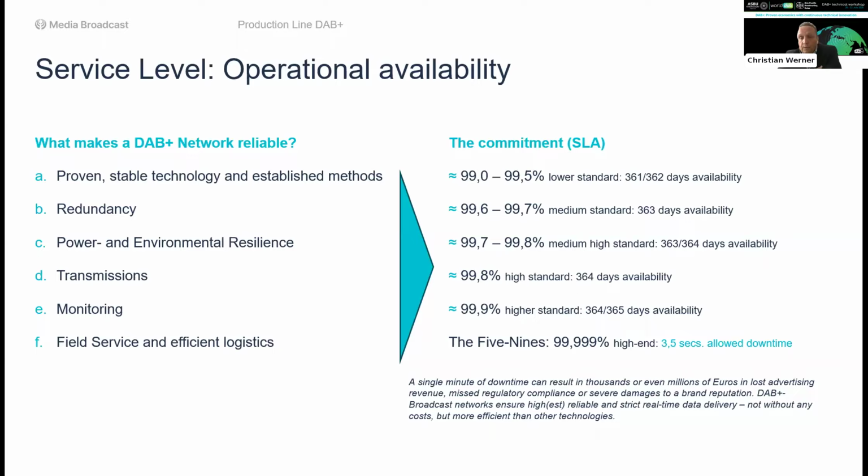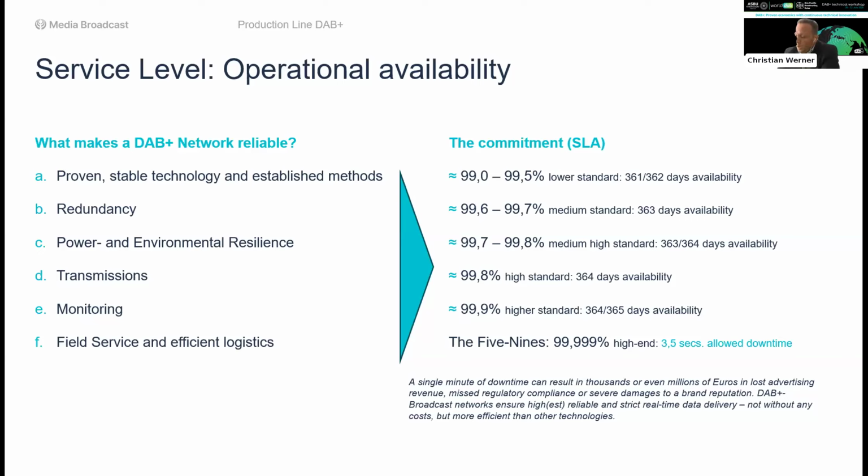Everything above that is quite a high standard and of course more expensive: 99.8%, or if you want to reach the big aim, the big five nines, 99.999%, where you are just allowed to have a downtime of 3.5 seconds. Now, the efficiency gain of time is somehow marginal, as you can see, and it is expensive.